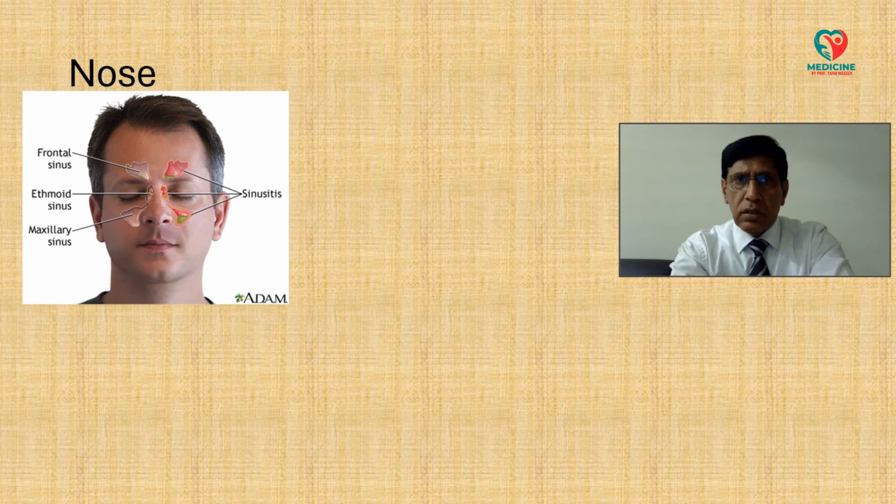Looking at the nose, first we have to have a little bit of anatomy revised. You have two frontal sinuses above both eyes over the forehead. Then you have the ethmoidal sinuses, just medial to the eyes, and the maxillary sinuses.